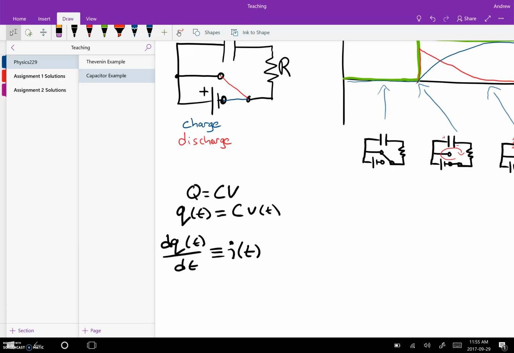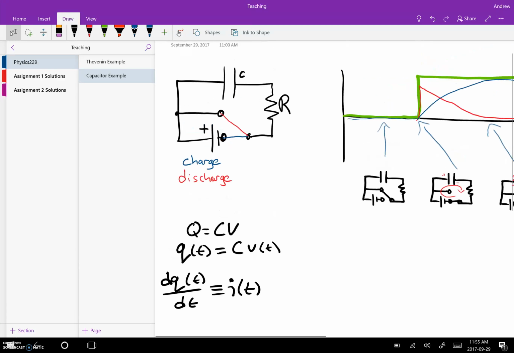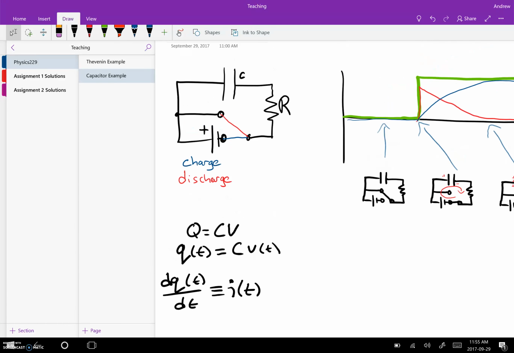Recall that the current through the capacitor is kind of misleading. If there's a parallel plate, there's an insulator between them. What does it mean, the current through the capacitor? As the capacitor is charging, you have current flowing into one of the plates and out of the other plate as the charge and discharge occurs.